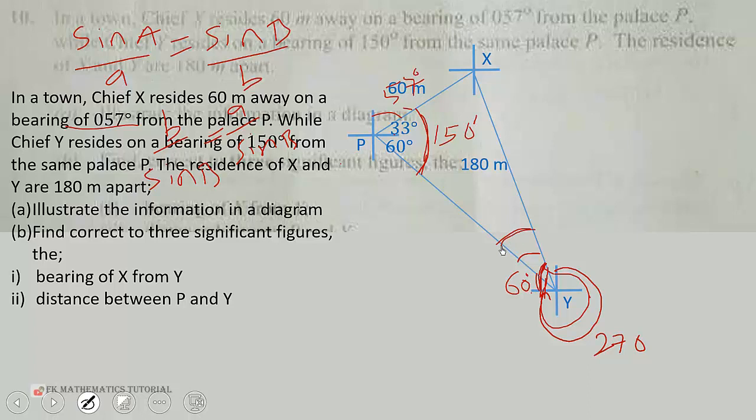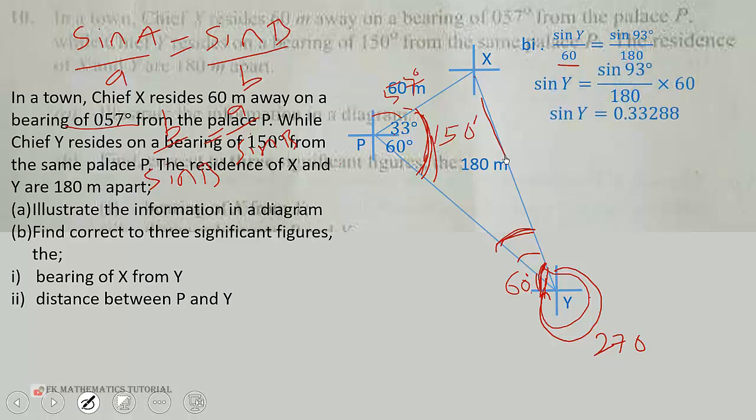So for this angle Y, we'll use the sine rule. Sine Y over the side length opposite to angle Y, which is 60, will be equal to sine 93 degrees over the side length opposite to the 93 degree angle, which is 180. We multiply both sides by 60, and when we simplify, we get sine Y to be 0.33288.